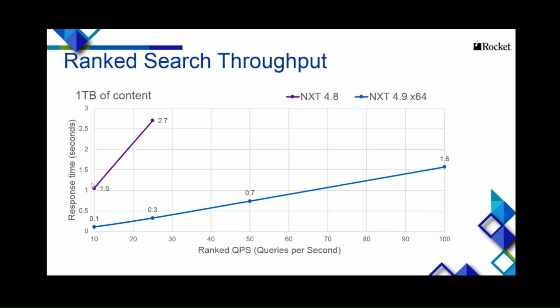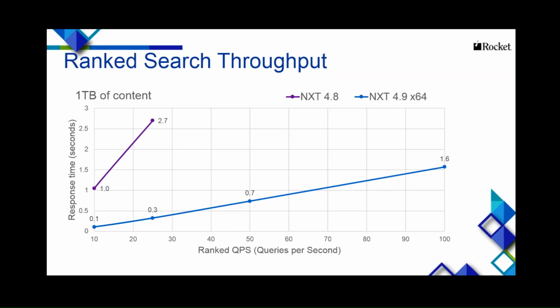So you should actually see results much better than what's shown here. But you can see in NXT 4.8, the purple line, for 1 terabyte of content, you could do about 10 queries per second with a response time of 1 second, or 25 queries per second with a response time of 2.7 seconds, which is really too slow.